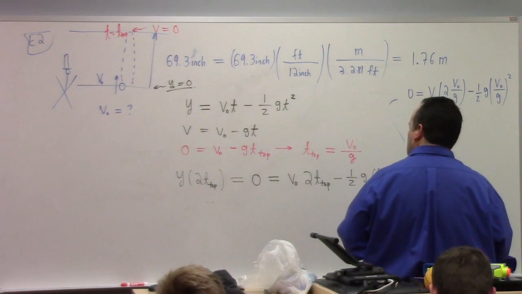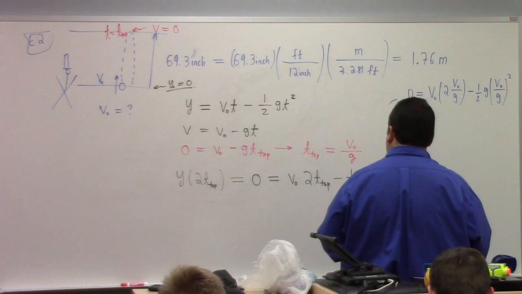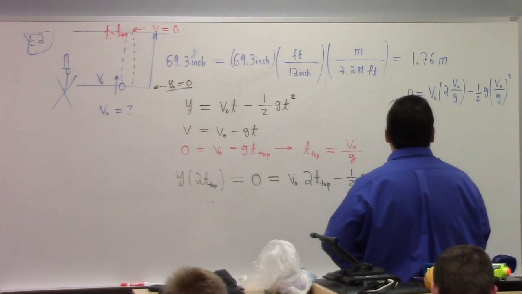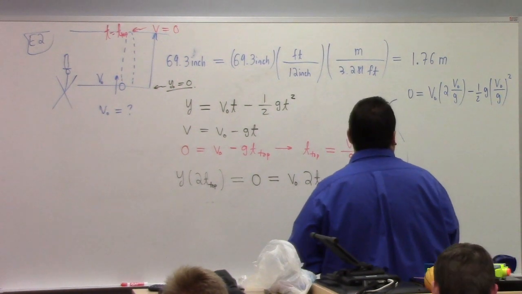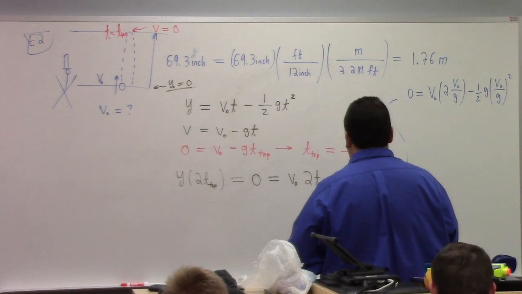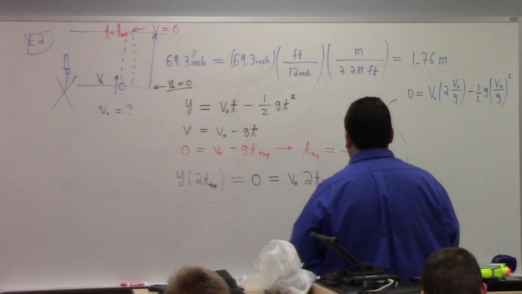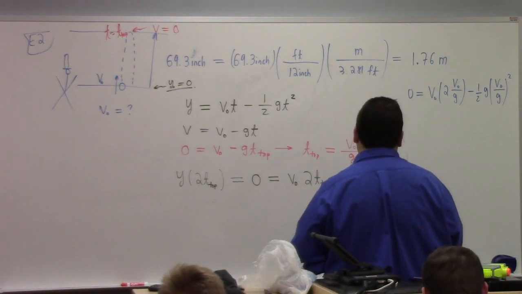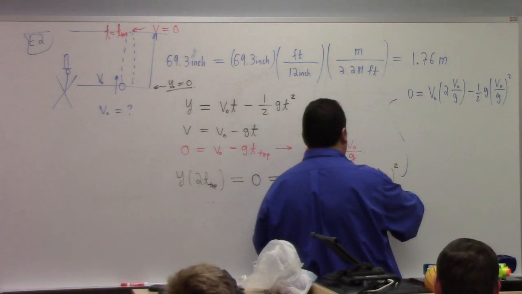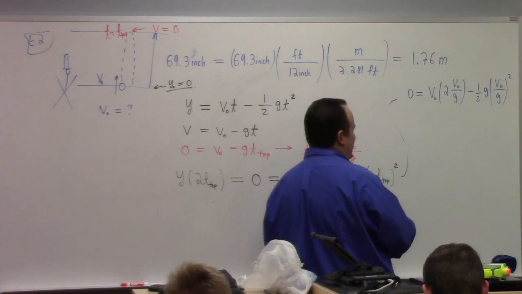Oh man, I've done something wrong here. Oh, I'm dumb. What was I supposed to put here? 2 Ttop. And what happens then?